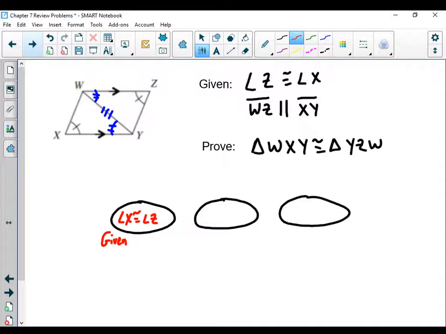I've got the other set of angles, and again, I probably want to use 3 letters here. So I have X, Y, W. And Z, W, Y. And those were alternate interior.